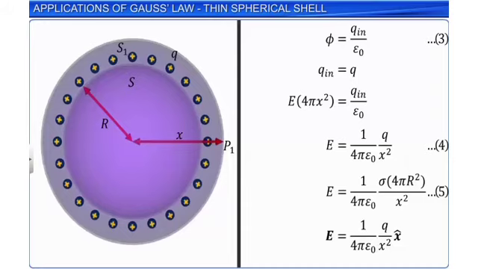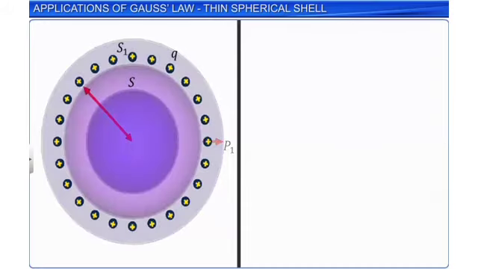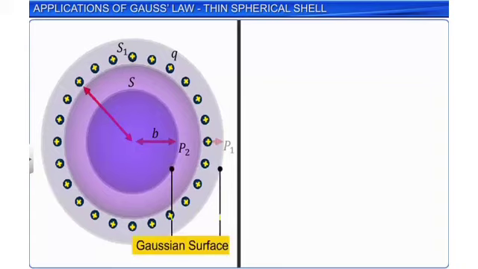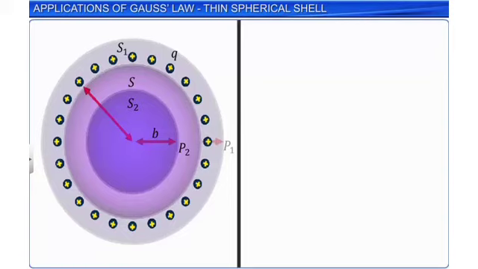Now, consider another point P2 inside the charged spherical shell, which is at a distance b from the center of the shell. To calculate the electric field strength at P2, draw a Gaussian surface S2 of radius b. Since the Gaussian surface S2 does not enclose any charge, Q in is equal to 0 for the given surface.